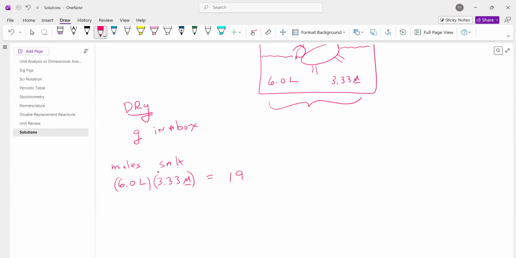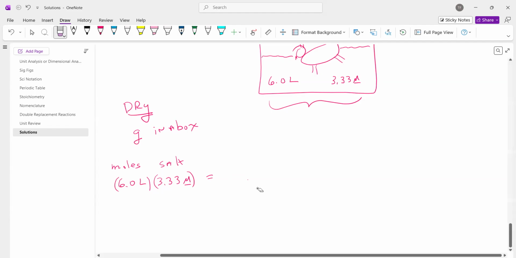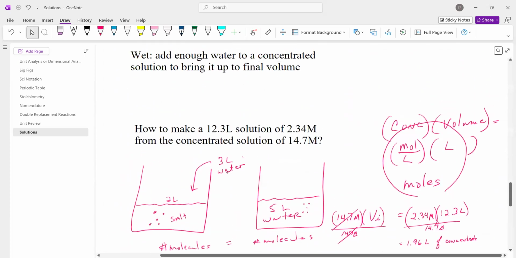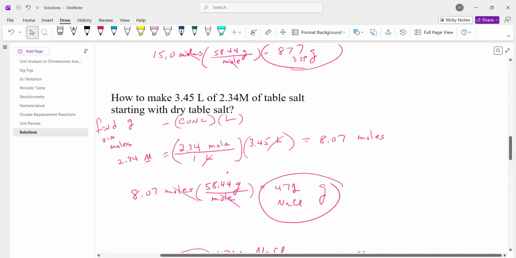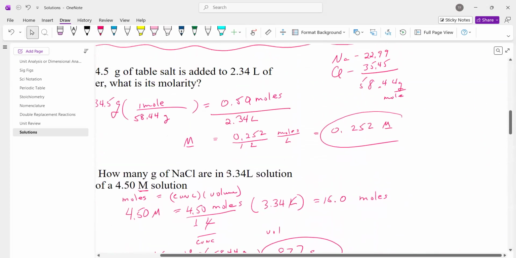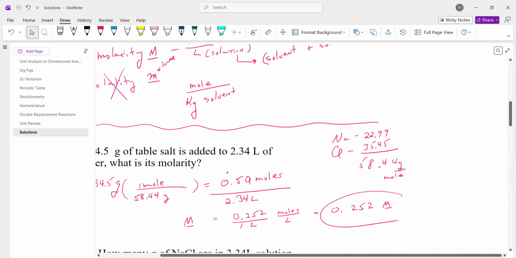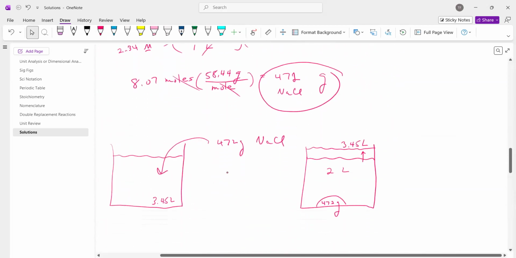Actually, it's 2 moles. So how many grams is 2 moles of salt? Well, I think we did this yesterday. 58.44. Okay.